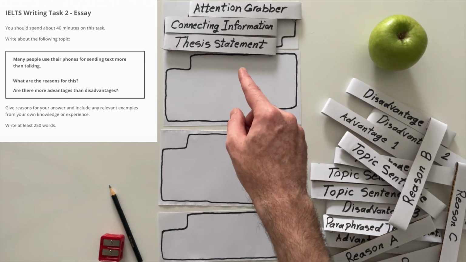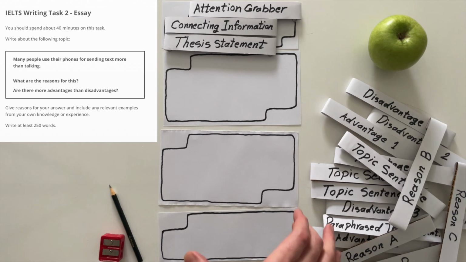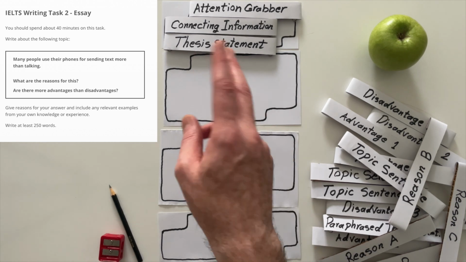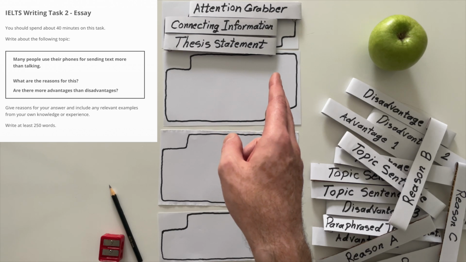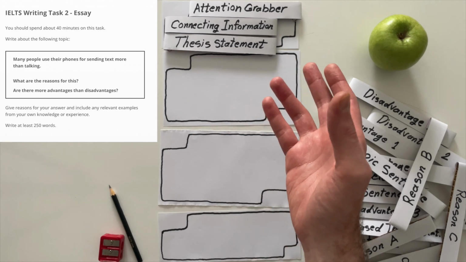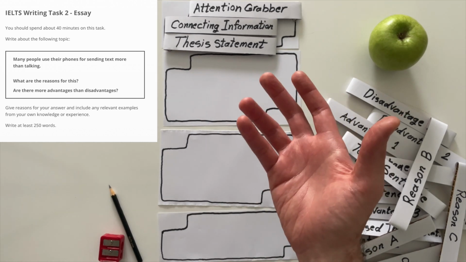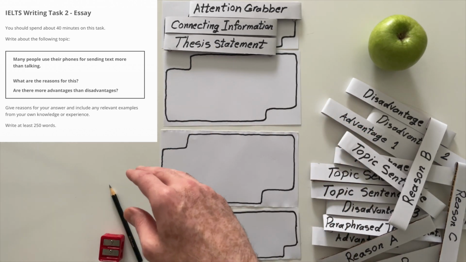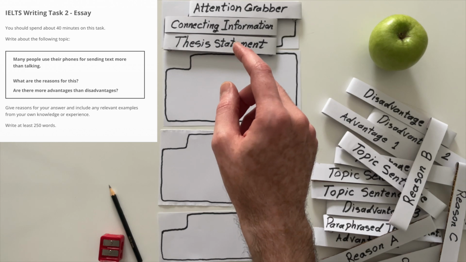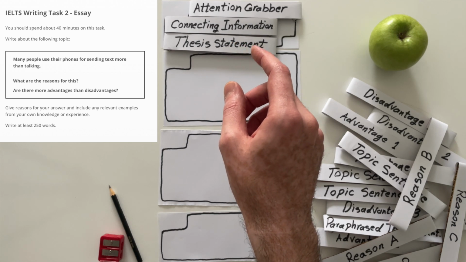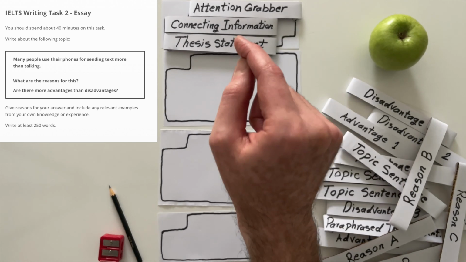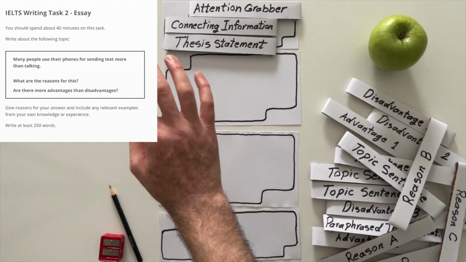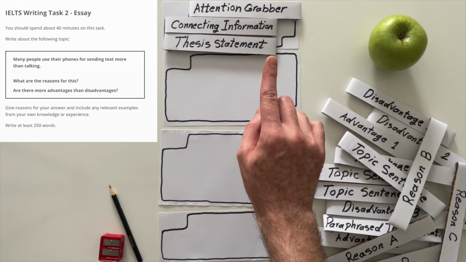So the thesis statement, which is the most important sentence in the entire essay, needs to say that yes, there are reasons A and B, and you believe that this is a trend that has more advantages, or this is a trend that does not have more advantages, and you basically address them in the thesis statement. This is clear. This is your statement. It has to be as clear as possible. So make sure that you are very clear in stating this.